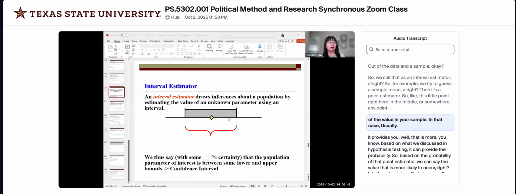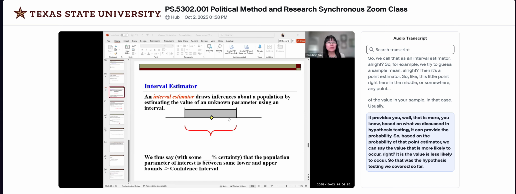Based on what we discussed in hypothesis testing, it can provide the probability. So based on the probability of that point estimator, we can say which value is more likely to occur, and which value is less likely to occur. That was the hypothesis testing we covered so far.